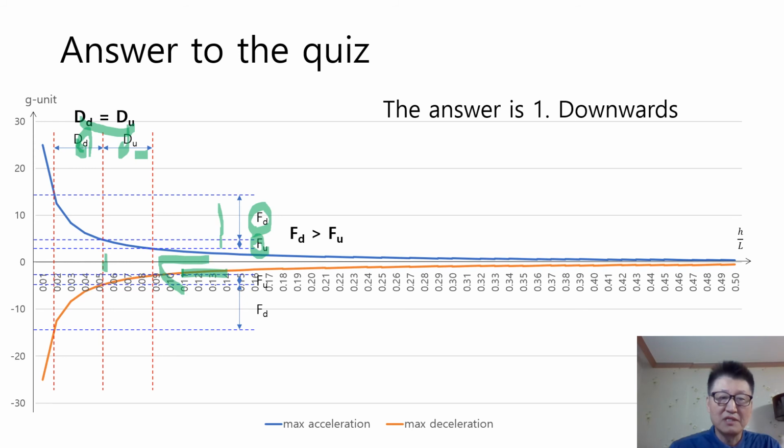The very important fact is that lowering CG is the only measure to improve the maximum acceleration and the braking forces simultaneously. That's why I put an emphasis on lowering CG.